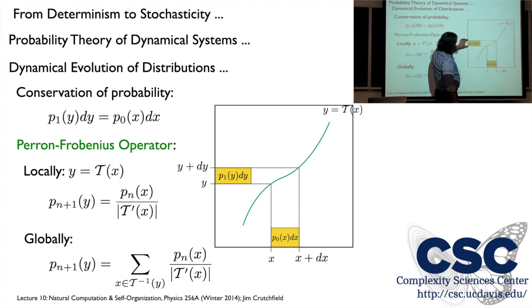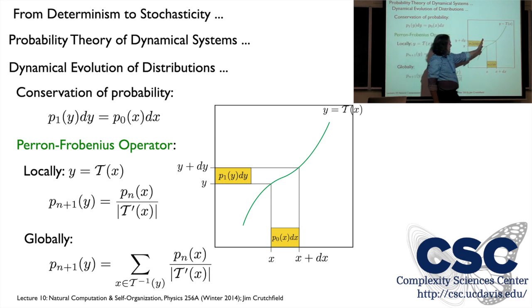And then, for example, if this distance here shrunk because the slope was low, the distance between y and y plus dy would be small. And so, so that I have the same amount of probability mass, the amplitude, p of y, would be larger.